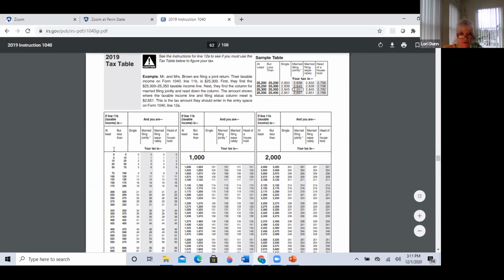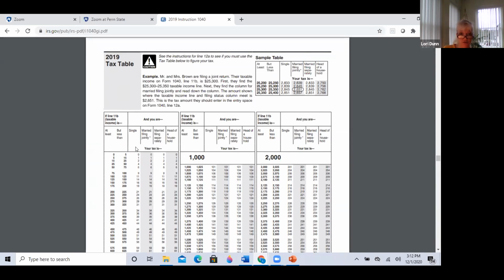So if your taxable income is at least the amount in the first column, but less than the amount in the second column, and you're single, you'll use this column for your tax. Then there are columns for married filing jointly, married filing separately, and head of household. Married filing jointly, that's also qualifying widow or widower, uses that column.